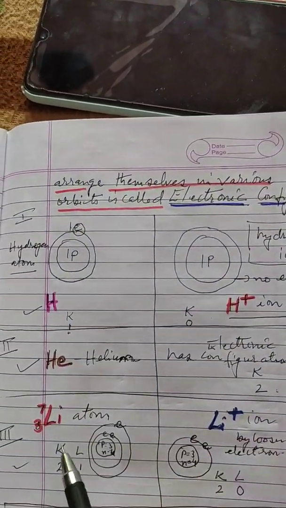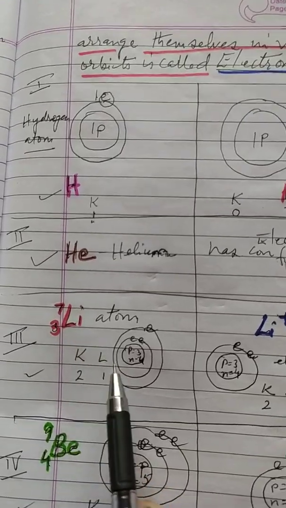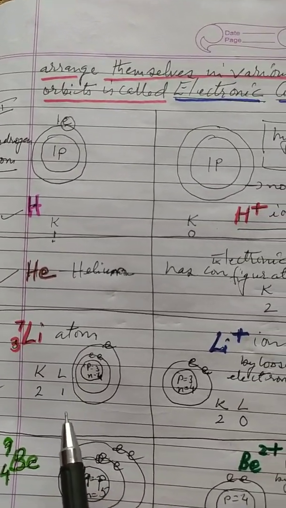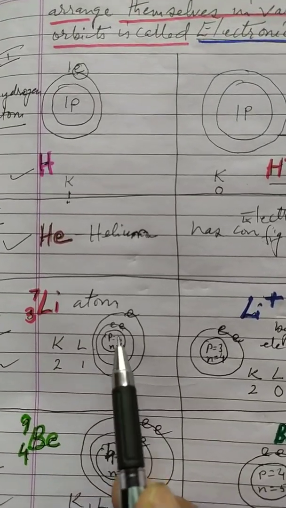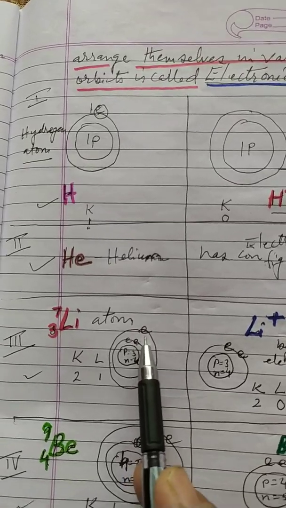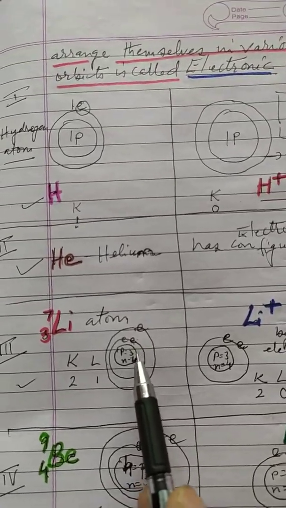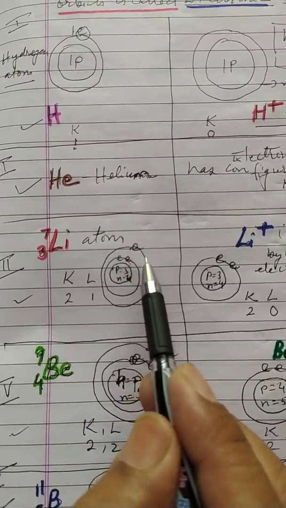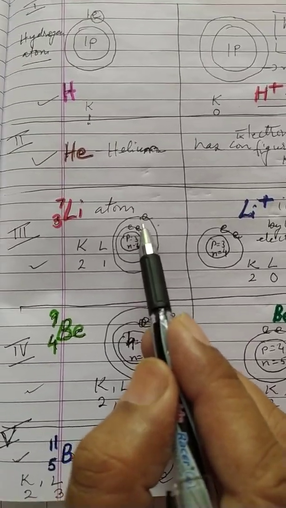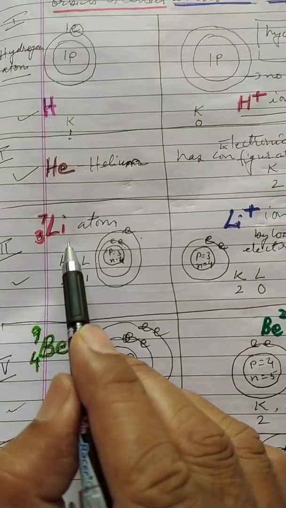You see here the atom of lithium. So what is electronic configuration? It is the arrangement in which the electrons are arranging themselves in various orbits. This is called electronic configuration of lithium.